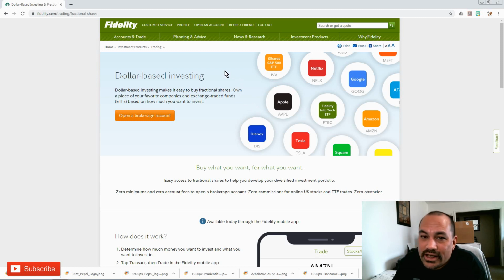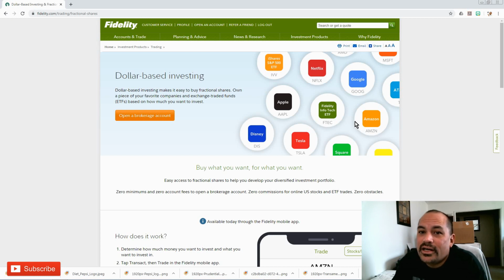Now, with Fidelity, it is going to take some time and some work to figure out how much you need to invest in Apple to do a 5% allocation, how much you need to invest in Amazon to have an 8% allocation in your portfolio.